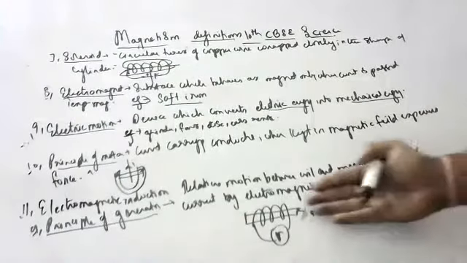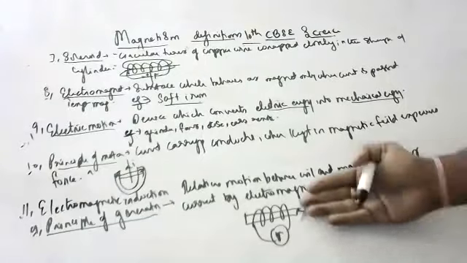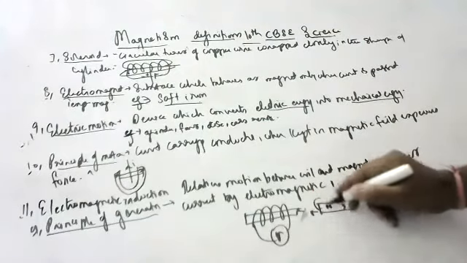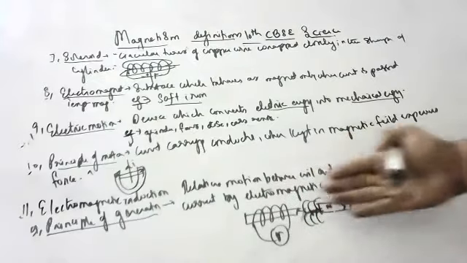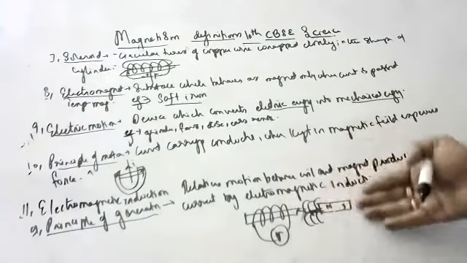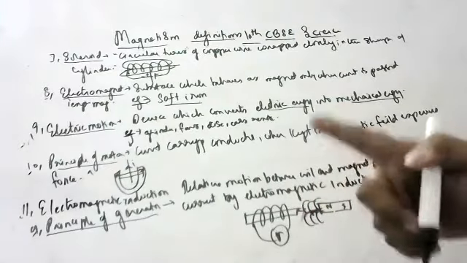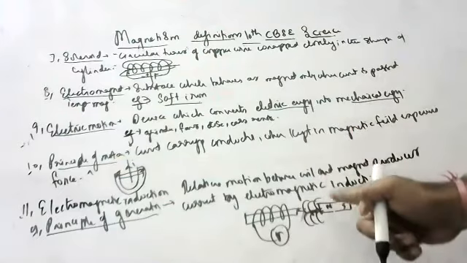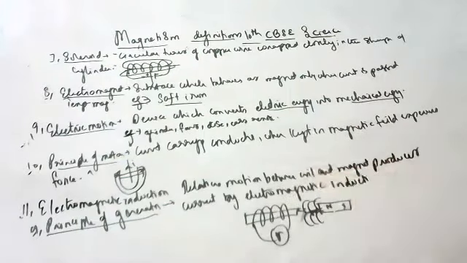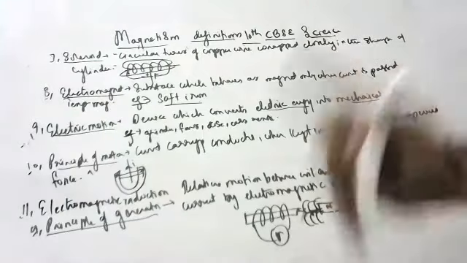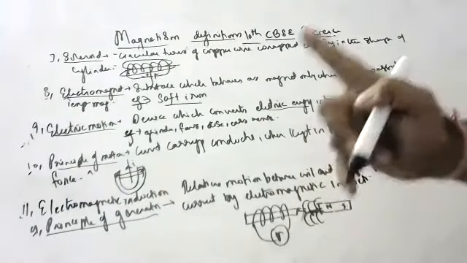If you move the magnet towards it, it will have magnetic flux, cutting in and coming out. Due to change in this magnetic flux, current is generated. Relative motion between coil and magnet produces current.